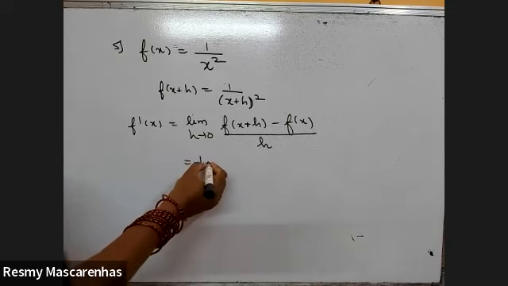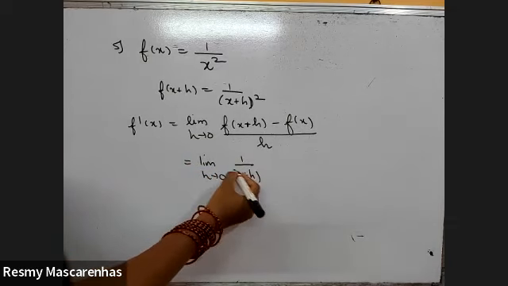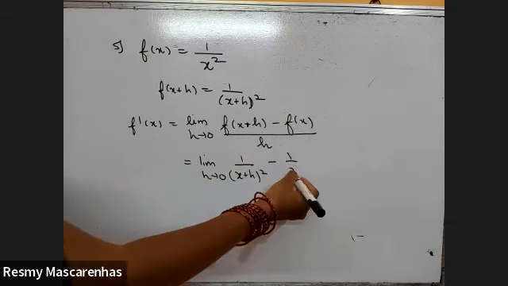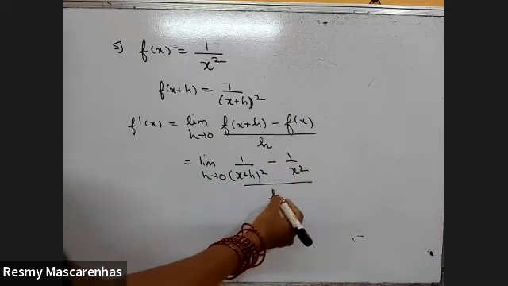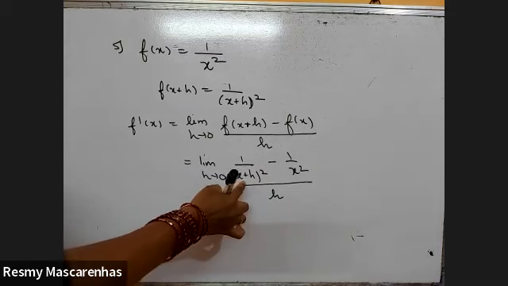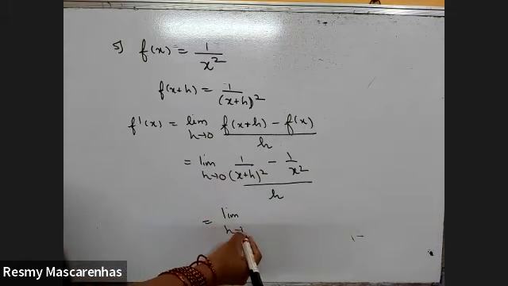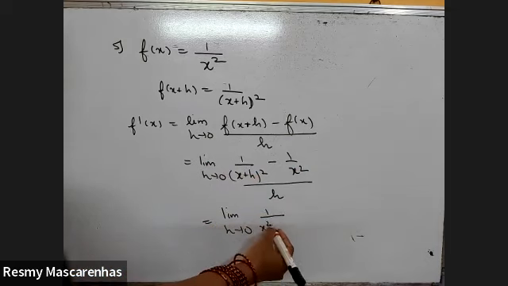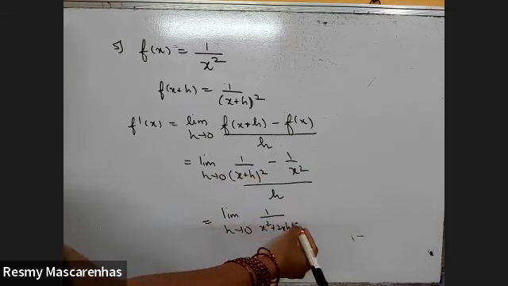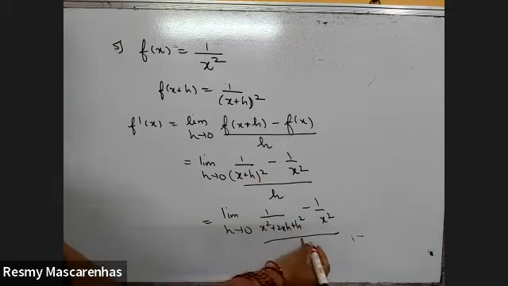After I substitute, you will get like this. Now cross multiply. Or before cross multiplying, you can even simplify if you want to. Now cross multiply.